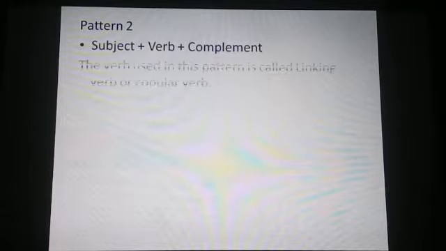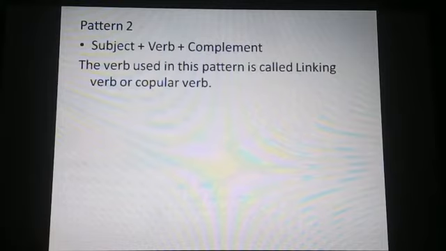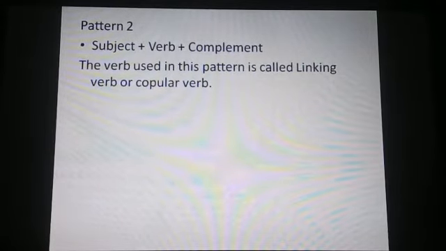So the second pattern is subject plus verb plus complement. The verb used in this pattern is called a linking verb or copular verb. A linking verb or a copular verb links the subject and the complement.